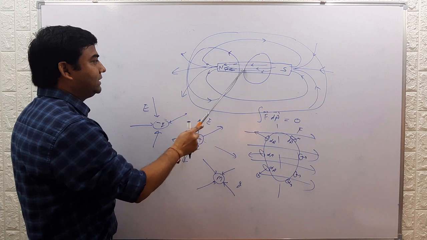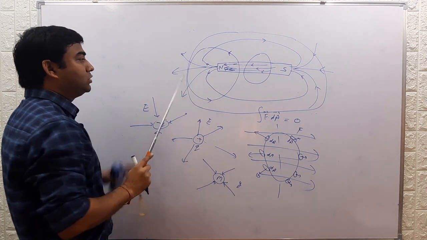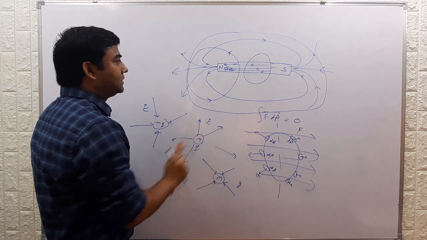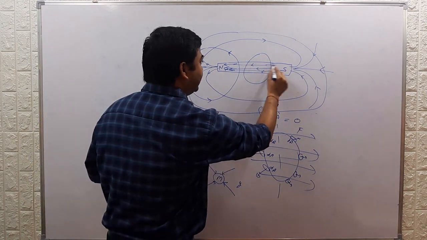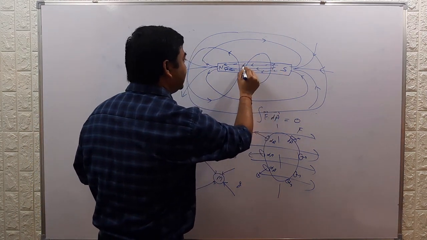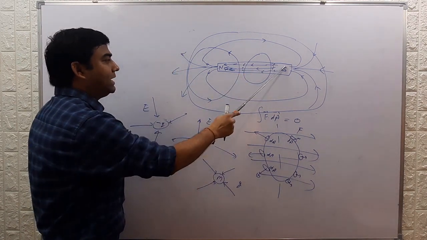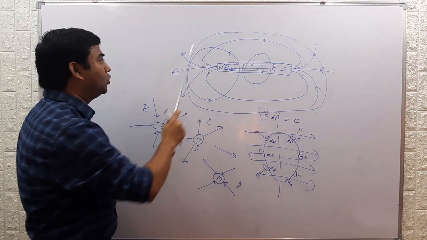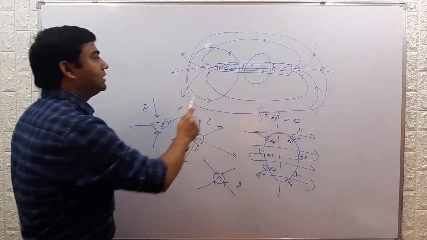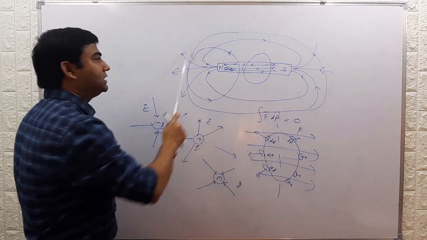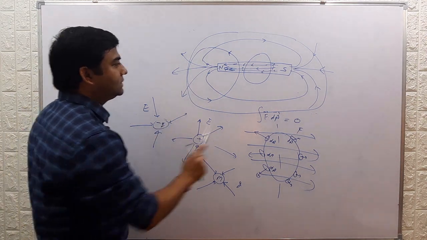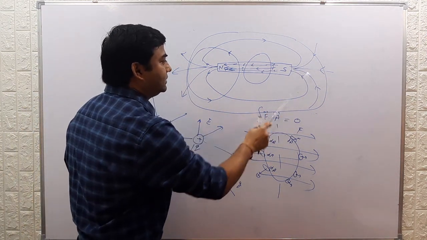So net flux will always be 0. Similarly, in this Gaussian surface, lines are entering from here and exiting from here. So entering flux will be equal to exiting flux. Similarly, if you cover the whole bar magnet with a Gaussian surface, these lines will exit from this surface and these lines will enter this surface.